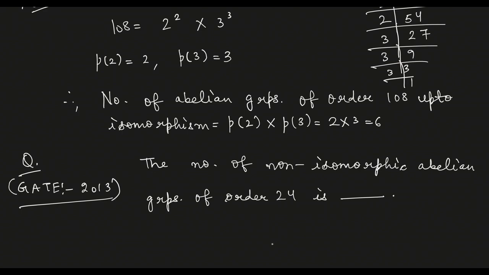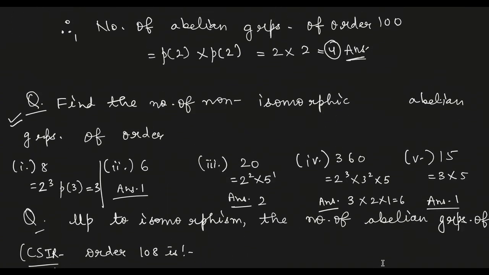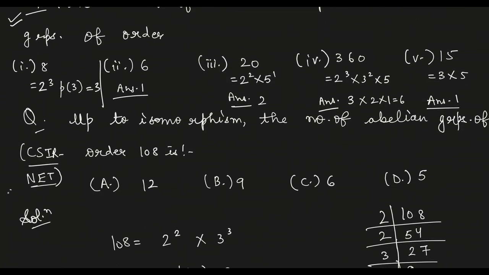Yes, 24 is equal to 2 cube into 3, so partition of 3 into partition of 1, which is 3. This question was from June 2015.